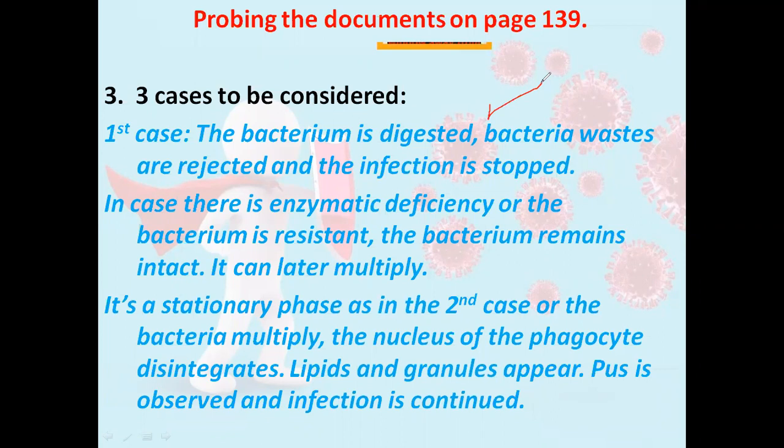In the second case, as the bacteria multiply, the nucleus of the phagocyte will disintegrate, lipids and granules will appear, and this will lead to the appearance of pus, the material that comes out during a wound or infection. So pus is observed and the infection continues whenever we have enzymatic deficiency or a resistant bacterium.